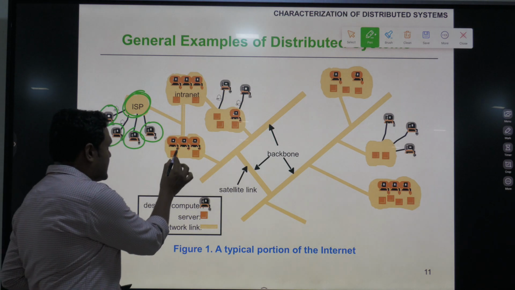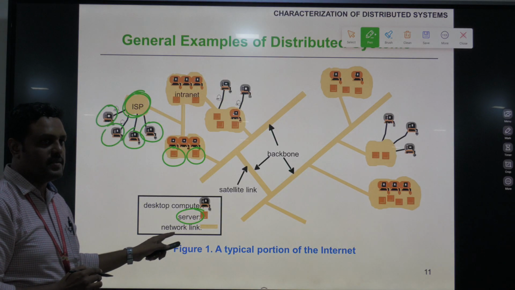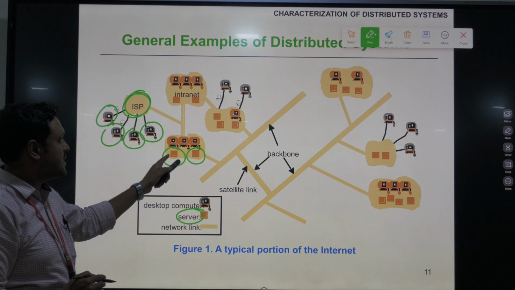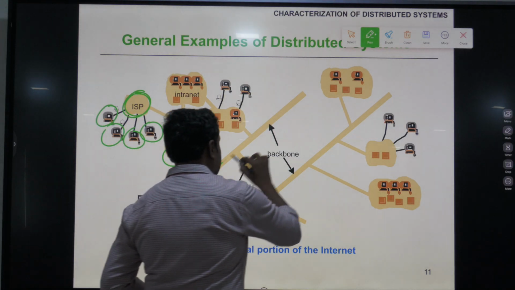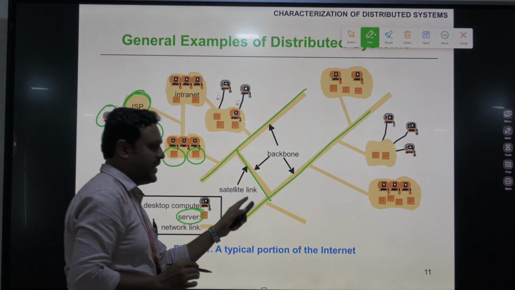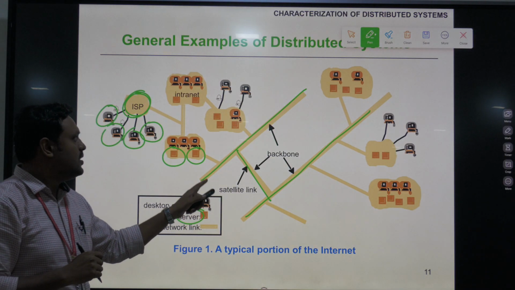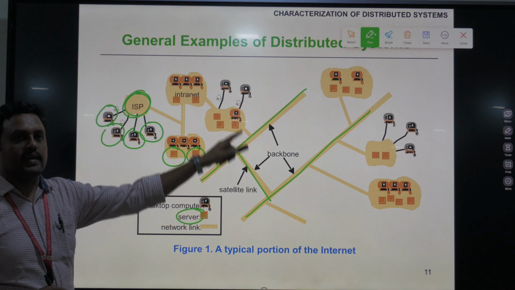Similarly, you can see the servers here, some n number of servers, where the servers are also connected to the network. These are all the network links where the network is going to be shared to all the n number of devices which are connected in the network.